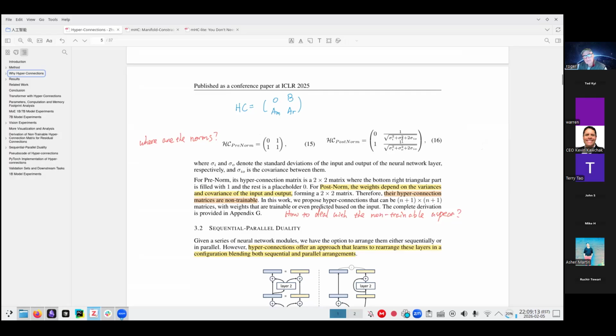For the postnorm, they have something in the appendix to describe how they derive this. Also note that for postnorm, the weights also depend on the variance and covariance of the input and output, so the postnorm matrix is not trainable.